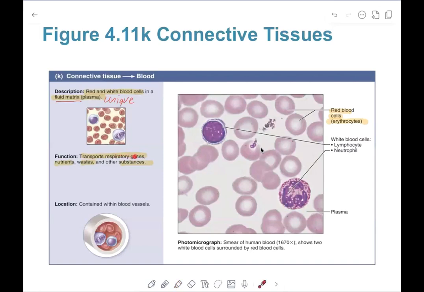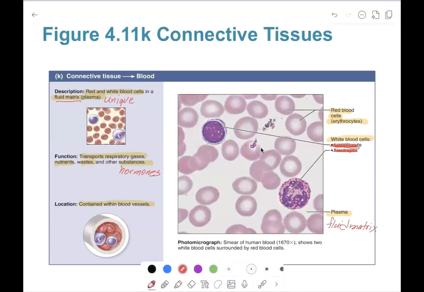The gases are on the red blood cells, but the nutrients, waste, and other substances, like, for example, hormones, are transported in the fluid matrix, which is the plasma. We also see white blood cells here and the plasma, which remember is the fluid matrix. And at this point, you're not responsible for the 5 types of white blood cells because you'll be learning about them in A&P2. So the location of blood is contained within blood vessels.